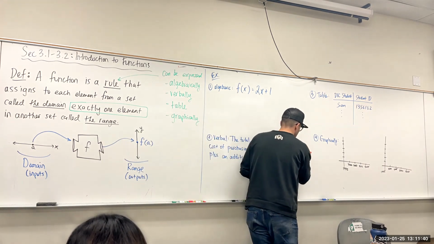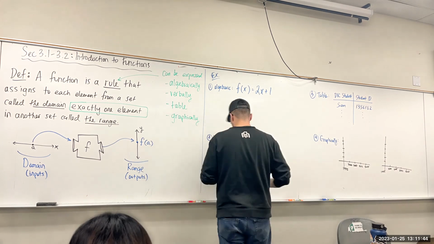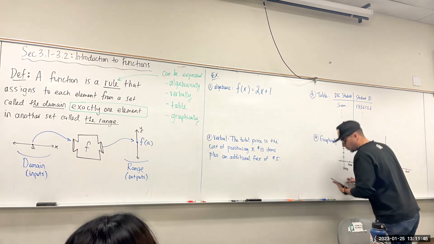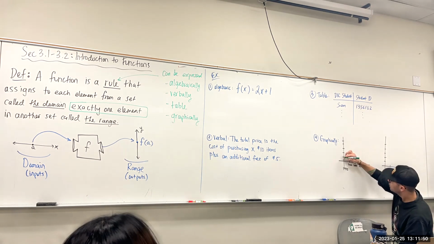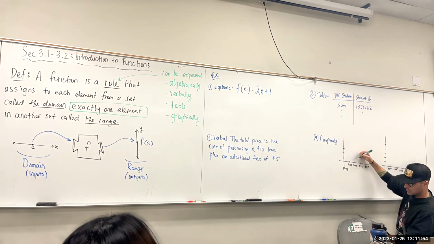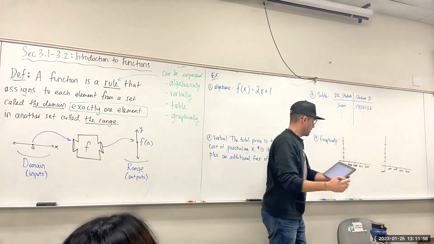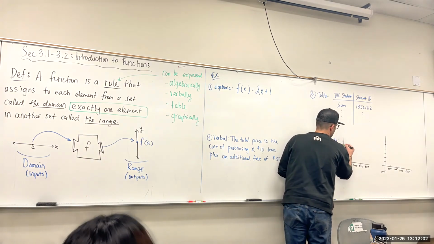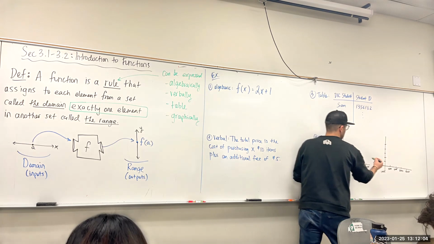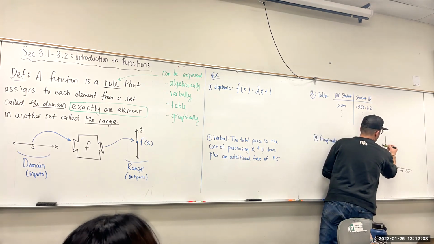Let's see if this guy's alive. Nope. Okay. For the first one, we're just going to do points. So put the point about right here. Oops, I forgot to label the vertical ones. Sorry. Let's just go by tens: 10, 20, 30, 40, 50, on both.